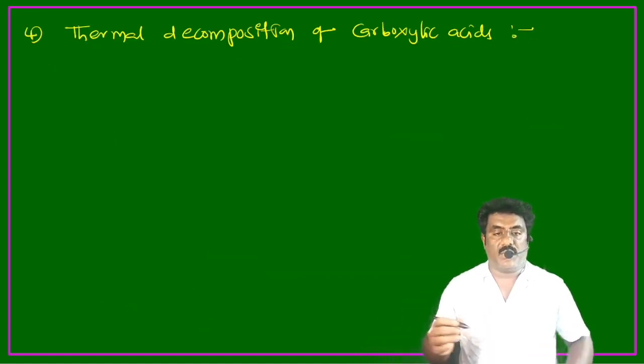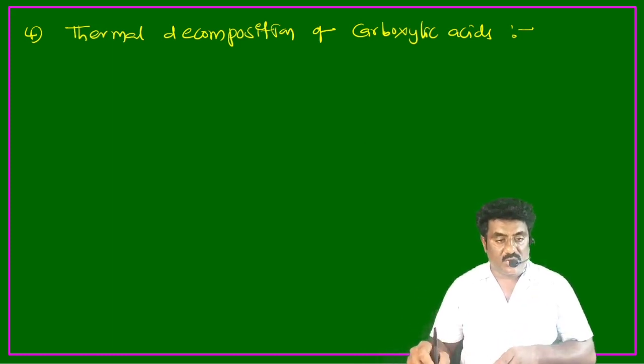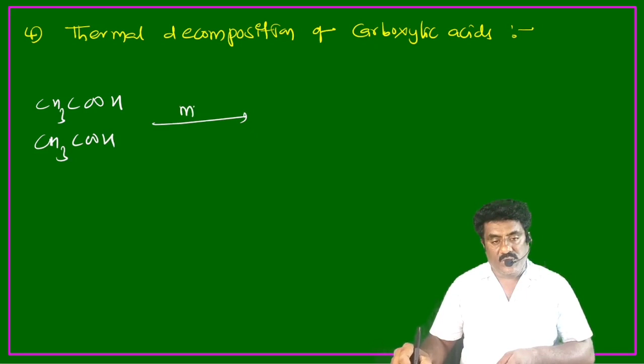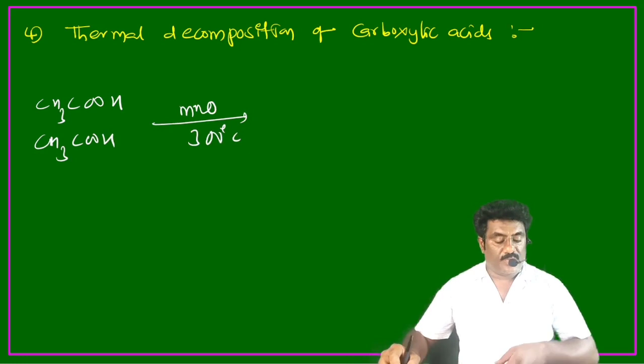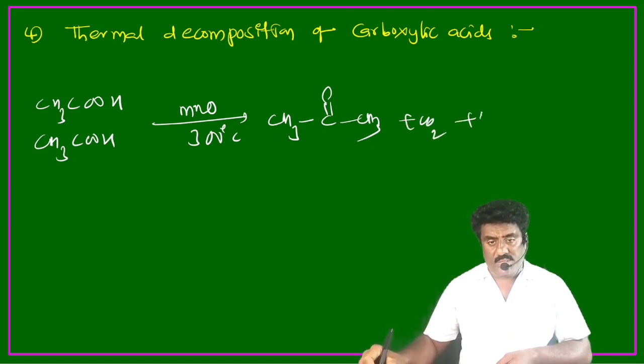Have a look at thermal decomposition of carboxylic acid. See, I am writing carboxylic acid, CH3COOH. CH3COOH in presence of manganese oxide, MnO, at 300 degrees Celsius gives CH3COCH3 plus CO2 plus H2O.